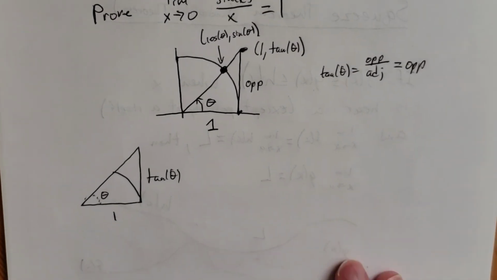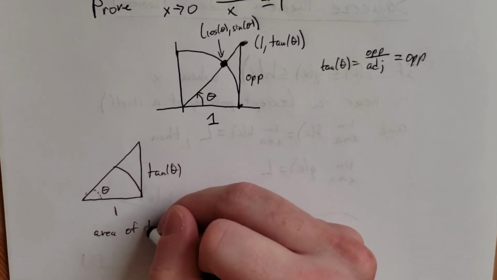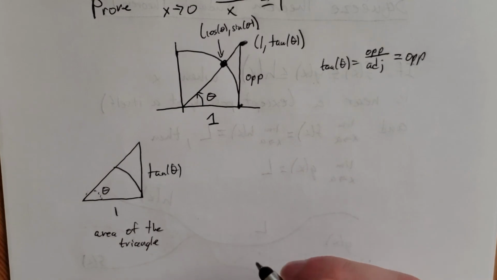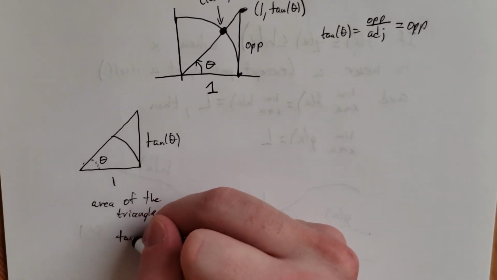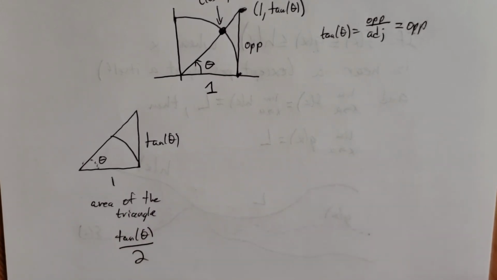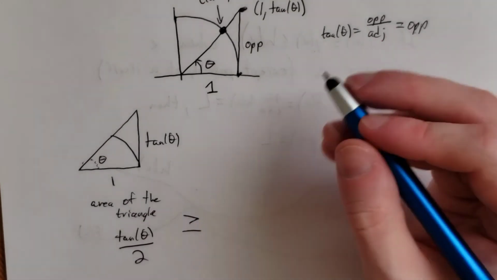Then we have the area of the triangle. What is that? Well, that area of that triangle is tangent of theta over 2. This is equal or greater than the area of just the sector.